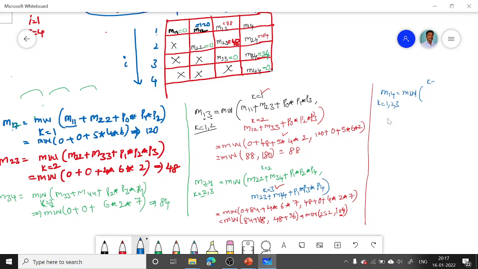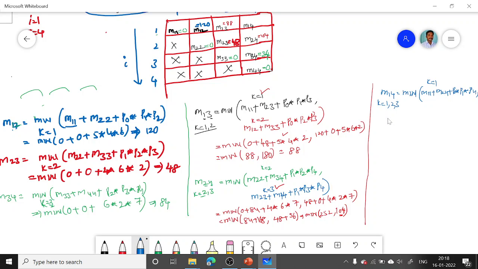So if K equal to 1, minimum of M Ik, nothing but M 1 1. My dear, I is 1, J is 4 and K is 1, plus M K plus 1, nothing but M 2 4, plus our dimensions, projections P of I minus 1, P0, into Pk, P1, into Pj, P4. That is the first one.